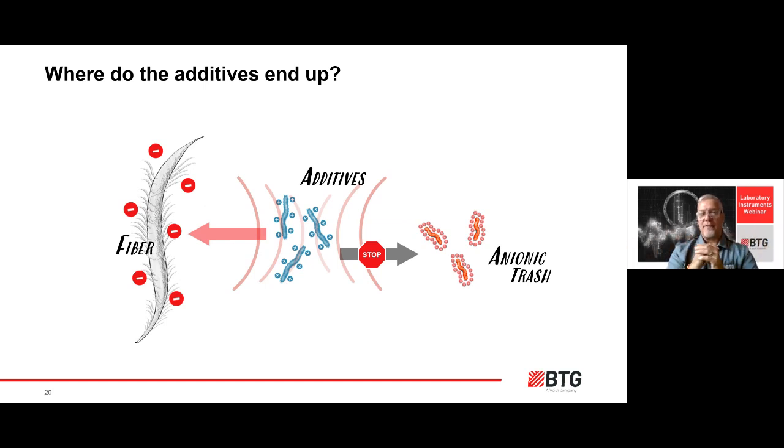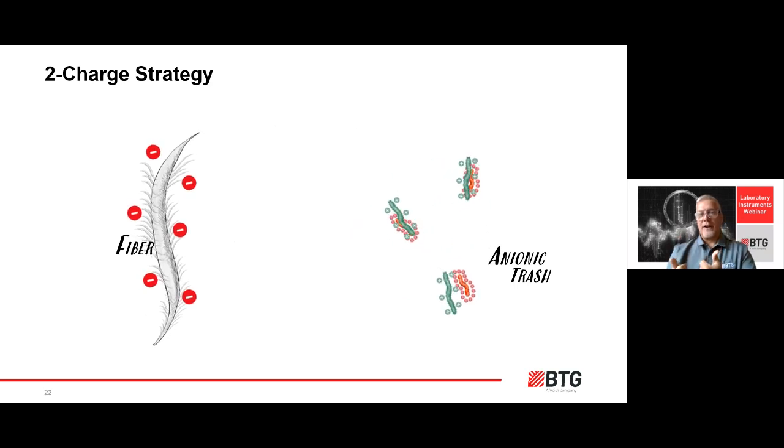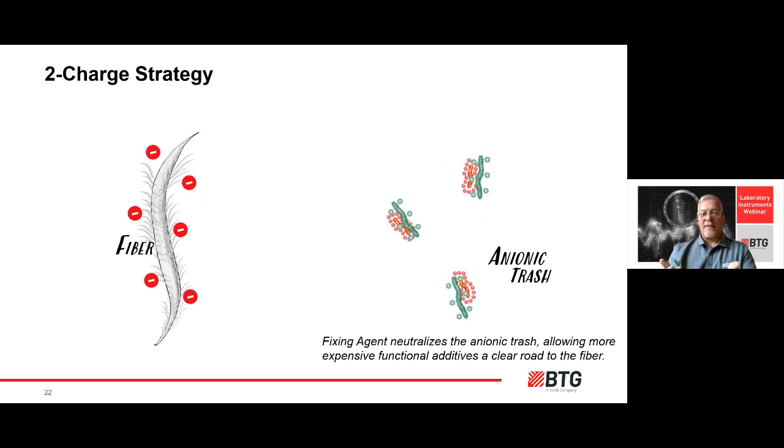If we do our analyses, we can understand the values of both the fiber charge with the SZP and the anionic trash with the PCD, and we can come up with an approach to use a high charge density, lower cost fixing agent. We can neutralize the anionic trash with a material that's designed for that.